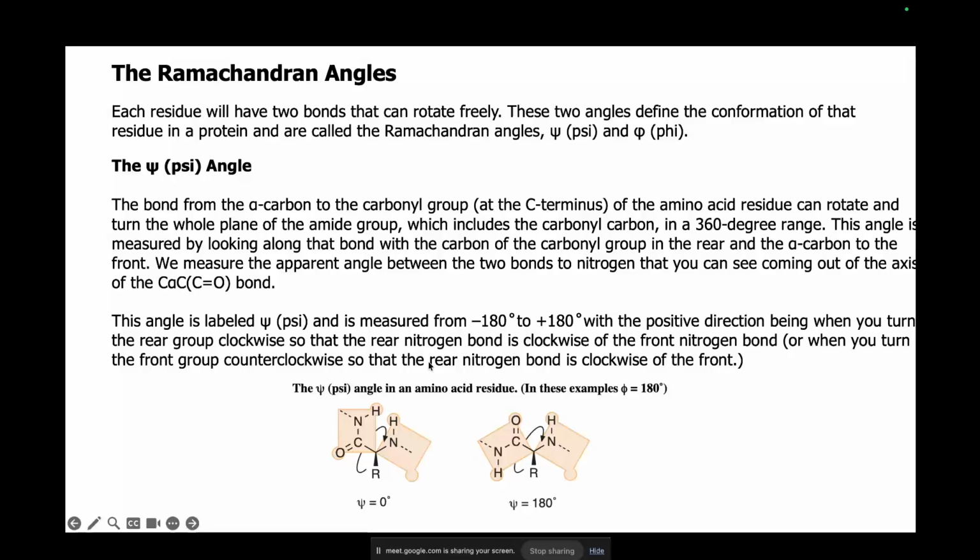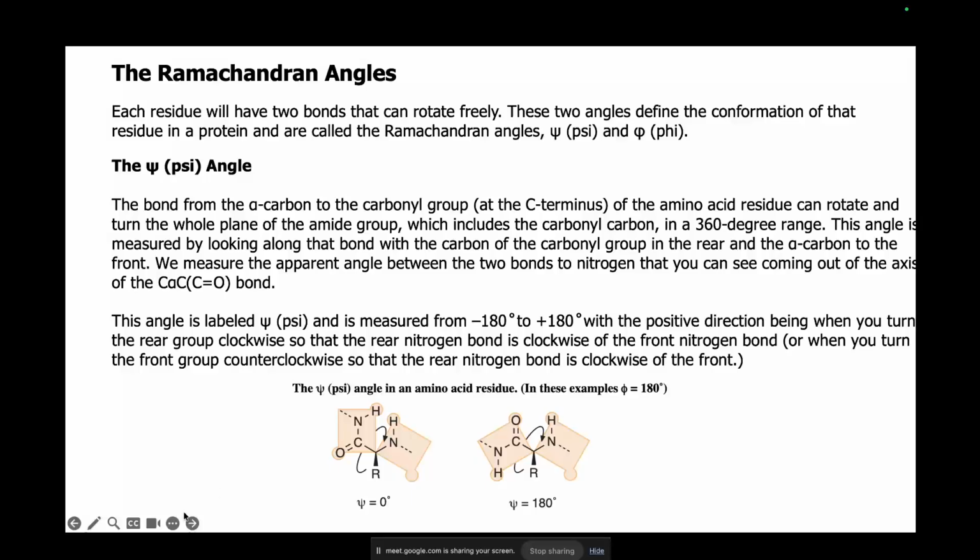This is measured from negative 180 to positive 180 because it can rotate fully, 360, with the positive direction being when you turn the rear group clockwise, so that the rear nitrogen bond is clockwise of the front nitrogen bond, and the front group counterclockwise to the rear nitrogen bond, right?